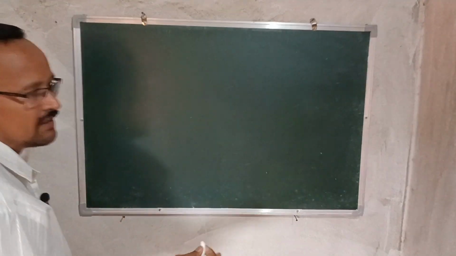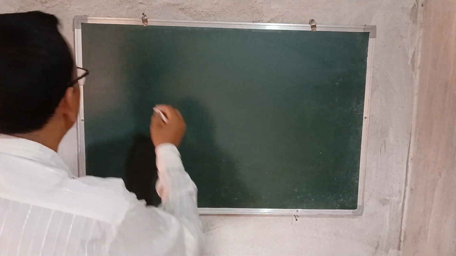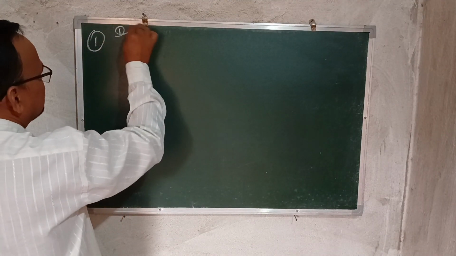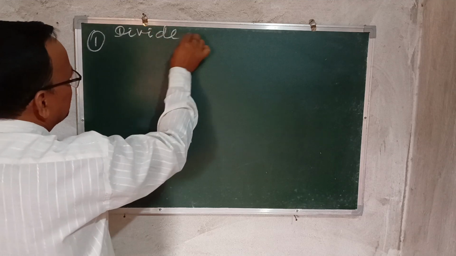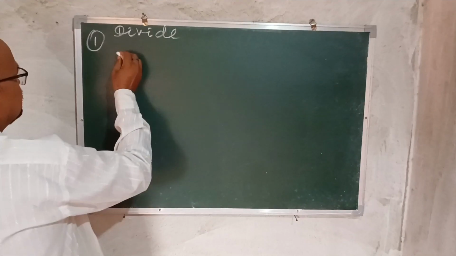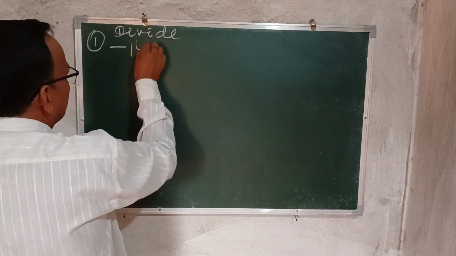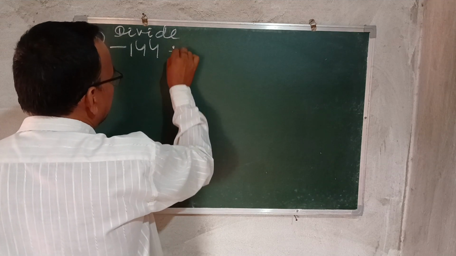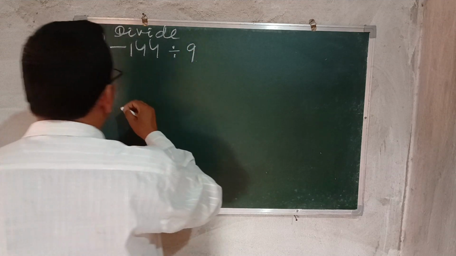Suppose these questions are given. Divide the integers, or find the division. Number 1: minus 144 divided by 9.